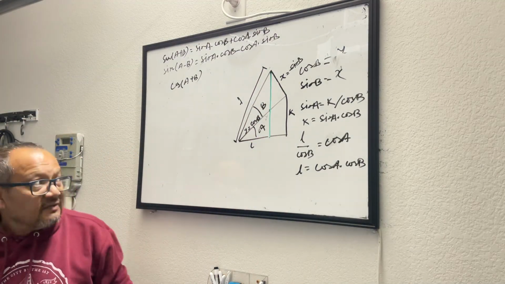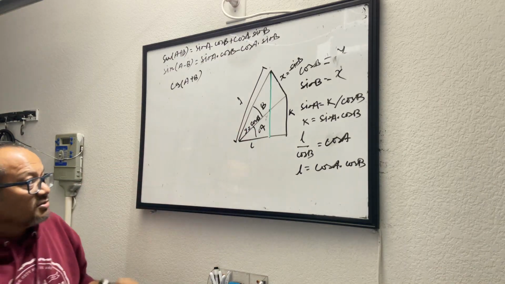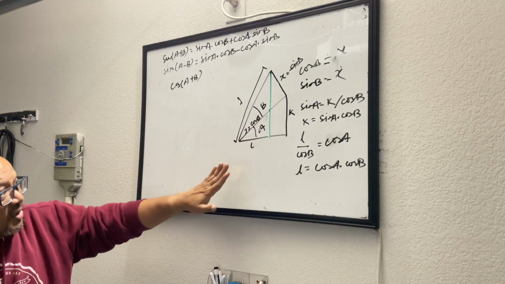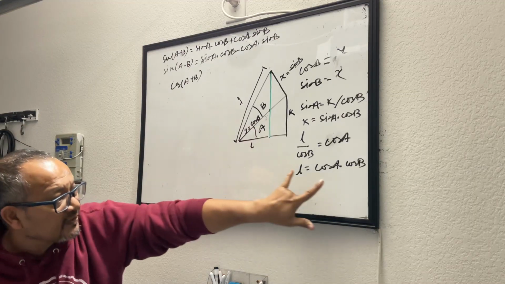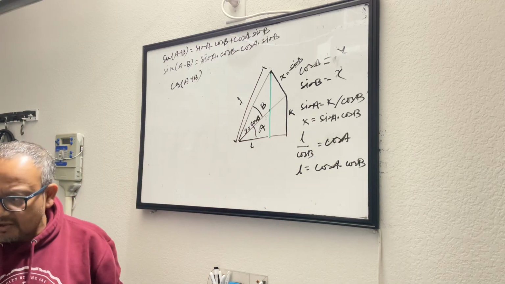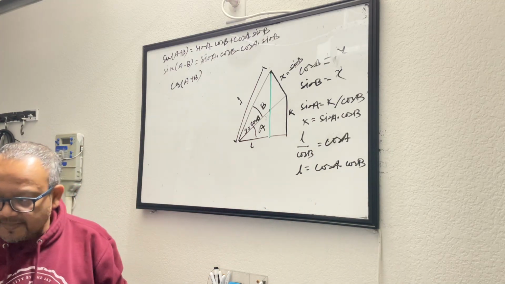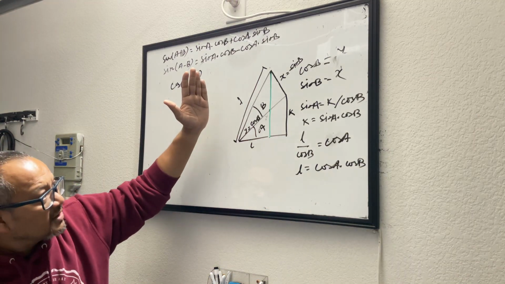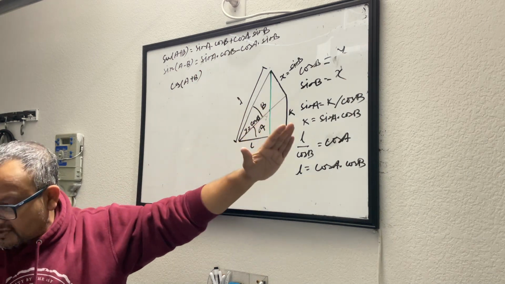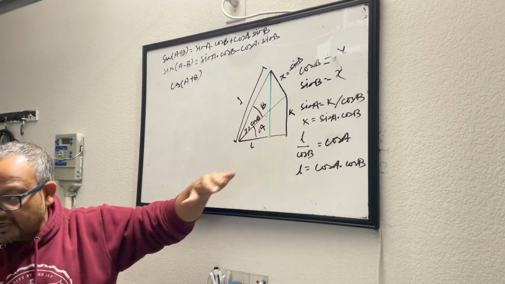We are trying to find out this length. This is the triangle that we are dealing with. Now, what we have found is this whole length is cos of A times cos of B. So far okay, right? I have done boring stuff since the beginning. This is what you guys have done in the previous proof.